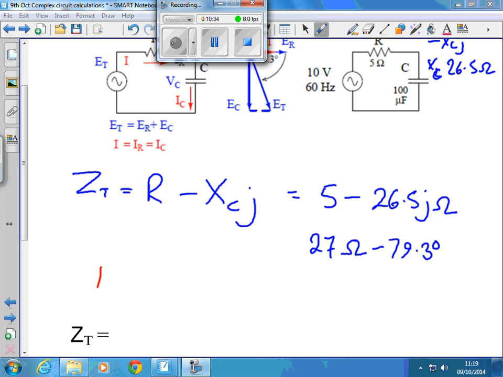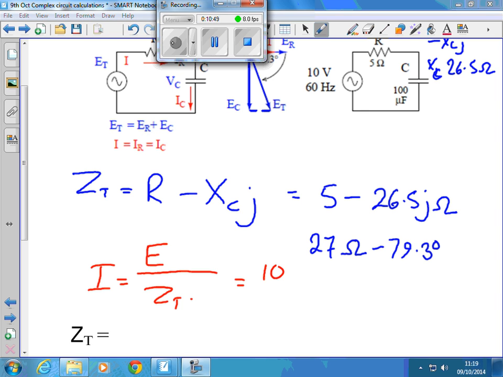We can say that I is equal to E over ZT. We might as well take E in polar form.